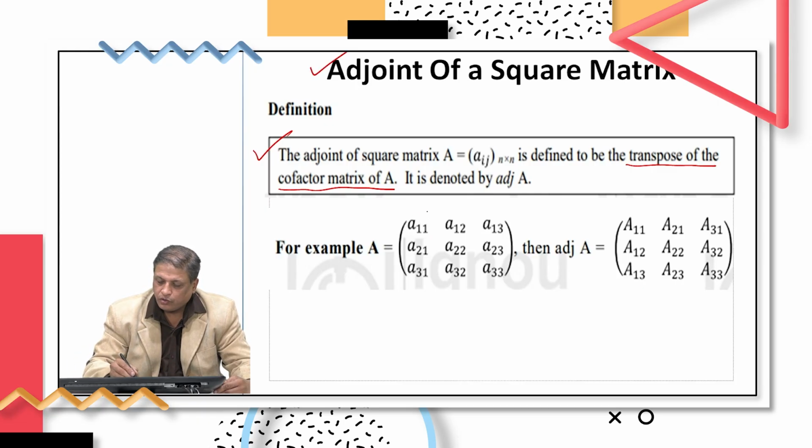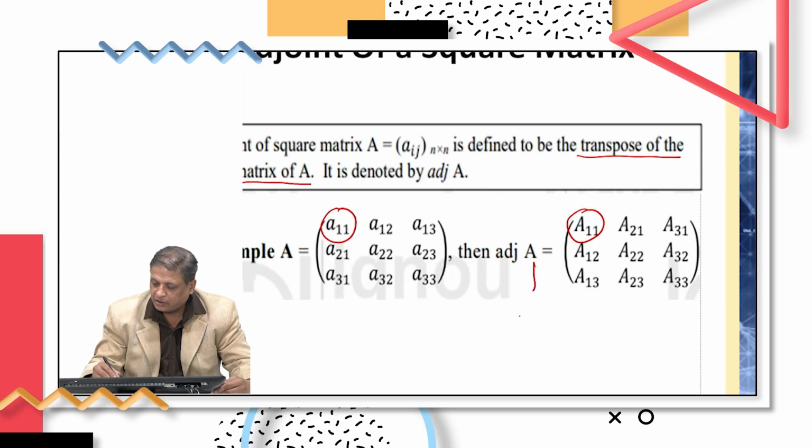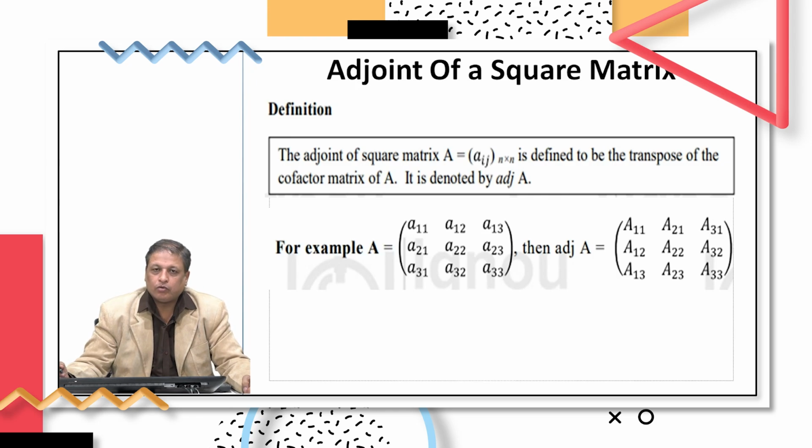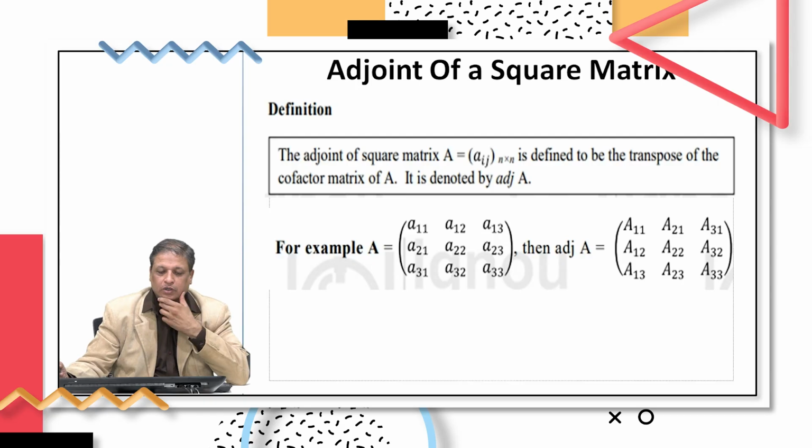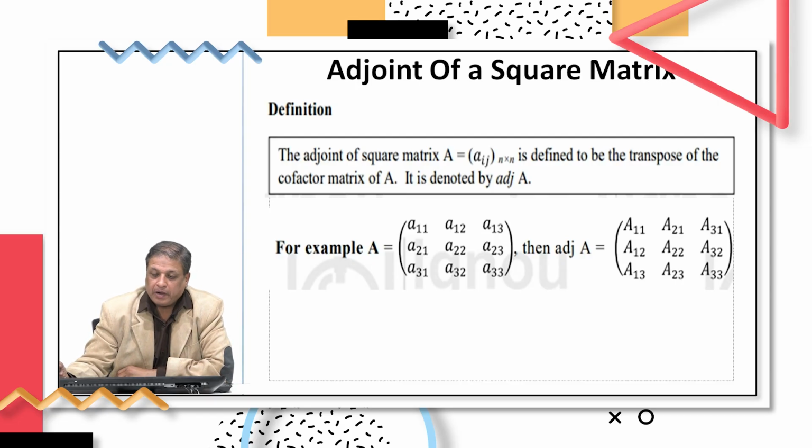Just see it over here: this is a cofactor matrix, and this is the transpose of the cofactor matrix. So we learned what cofactor matrices are, and now we extend our discussion to understand the adjoint of a square matrix. The adjoint of a square matrix is defined as the transpose of the cofactor matrix. That's why we learned to calculate the cofactor matrix.